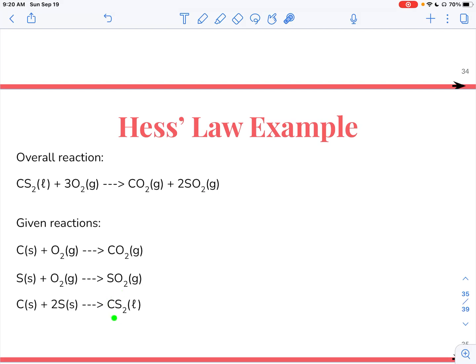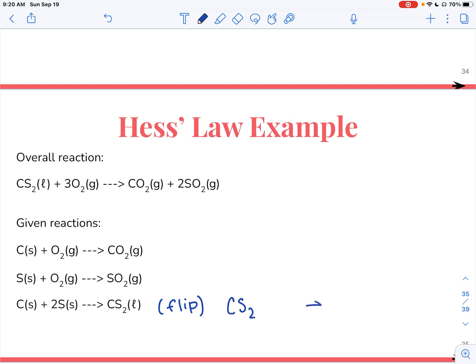So CS2 here, we have one CS2, coefficient is 1. That's the same. But look, CS2 is on the wrong side of the arrow in our given reaction. So what we're going to do is flip this reaction here. So I like to keep track of what I'm doing. So I'm going to say flip. And then I'm going to rewrite it.